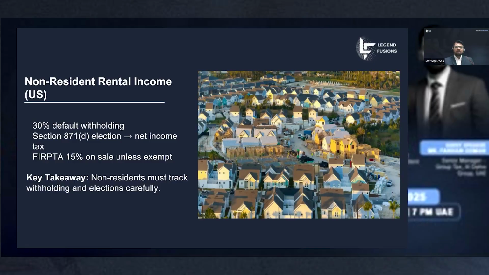This election also lets them deduct, like I mentioned earlier, property tax paid, repairs and maintenance, insurance, and management fees. So these types of expenses will help reduce the gross rental income to the net rental income.